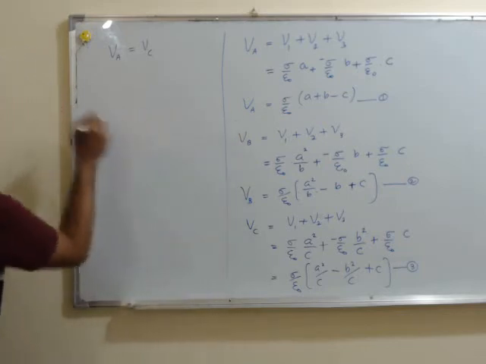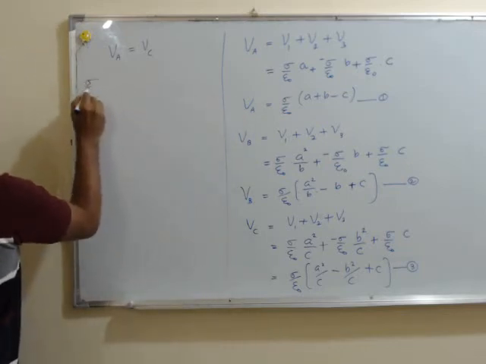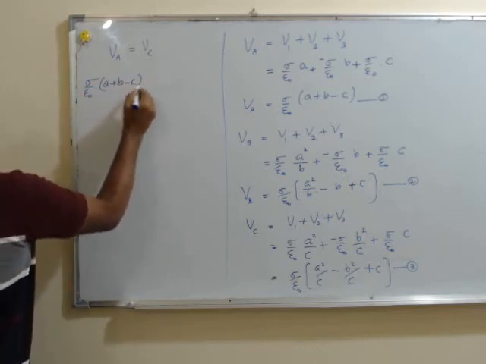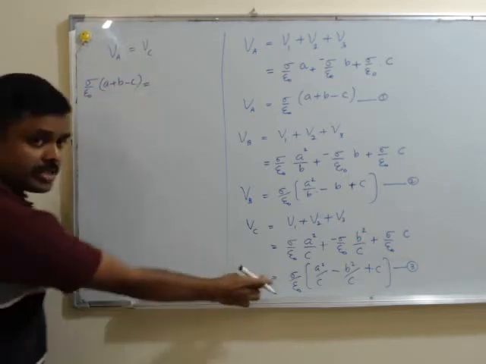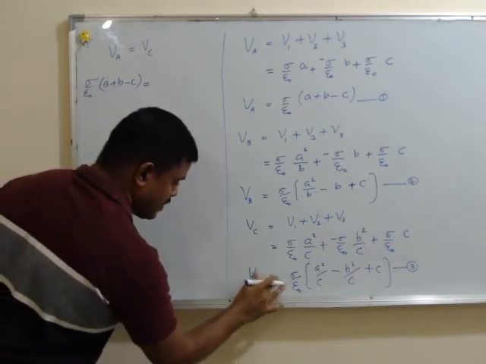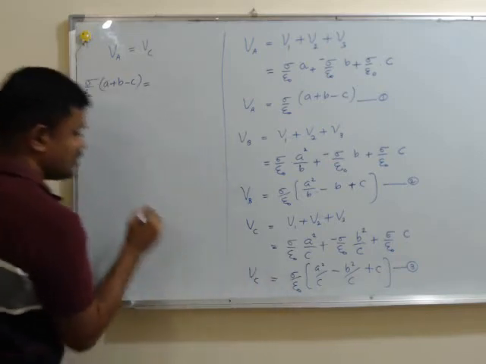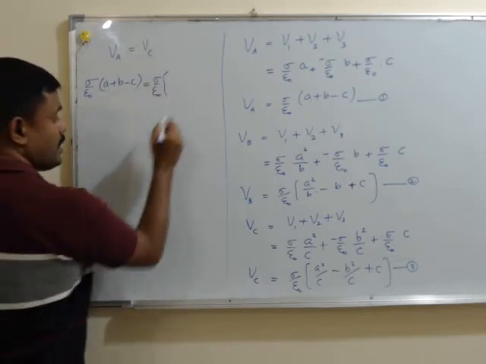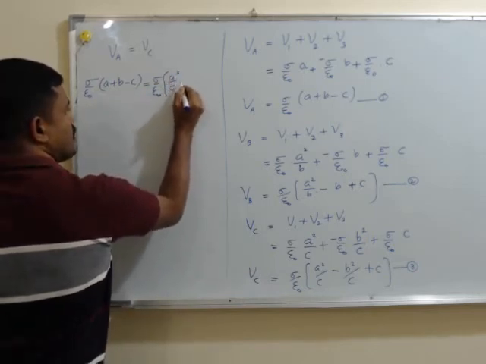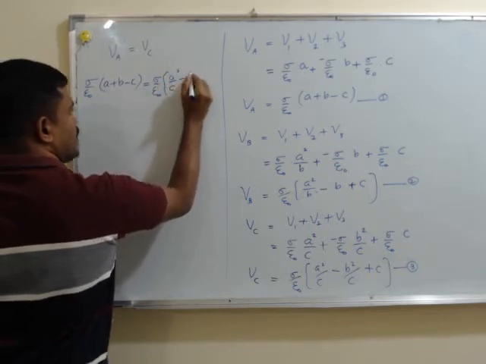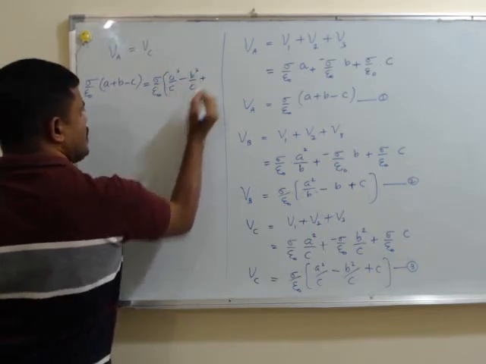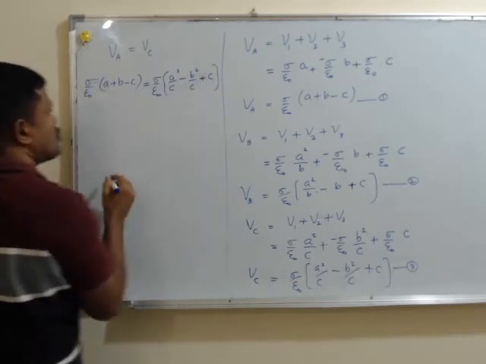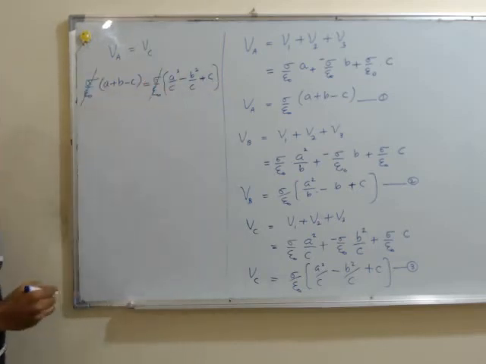What is potential at A? Sigma by epsilon 0 into A plus B minus C is equal to potential at C, VC. It is sigma by epsilon 0 into A square by C minus B square by C plus, the last term is C. So I could cut the sigma by epsilon 0 on either side.